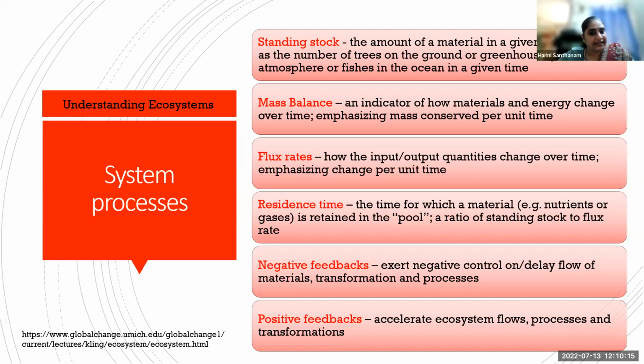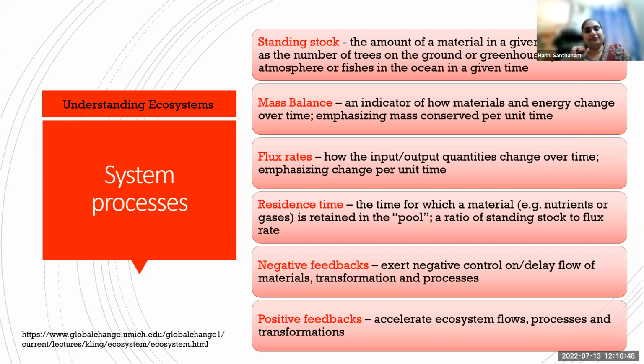So we also associate the processes or pathways with what is known as mass balance. That is an indicator of how materials and energy change over time, but it emphasizes the mass which is conserved per unit time. This is a very important consideration. Now, because we have already spoken about stable states, disturbed states, and alternate states, this mass balance approach is a very important way for us to perceive how the concept of ecosystem changes, right?